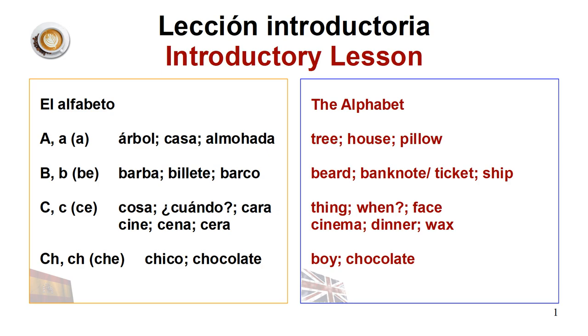C. This letter can be pronounced in two ways, depending on the vowel that follows it. C plus O, U, and A is pronounced like K. Cosa, thing. Cuando, when.